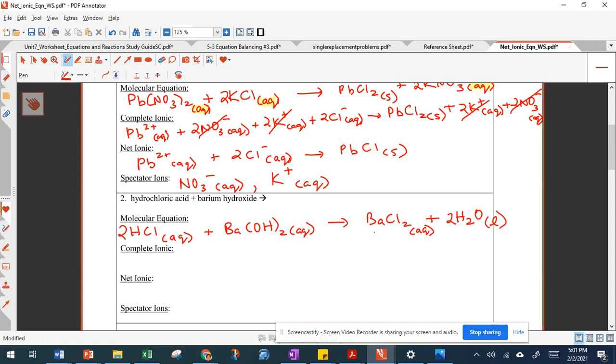So again, we're going to split up anything that is aqueous. We have 3 things to split up. And then anything that is solid, or in this case liquid or gas, will stay together.